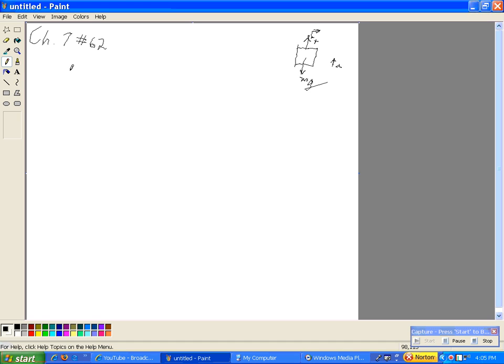Good. Now let's figure out what we know. We know that the mass is 265 kilograms. And we know that the displacement is 23 meters.